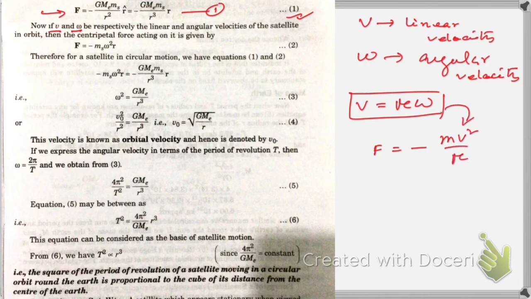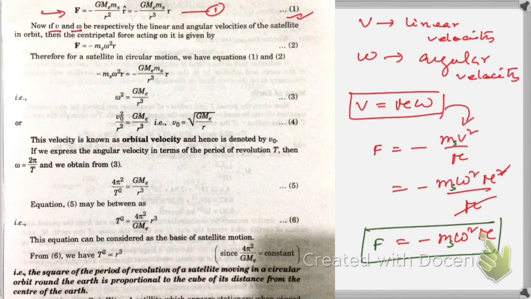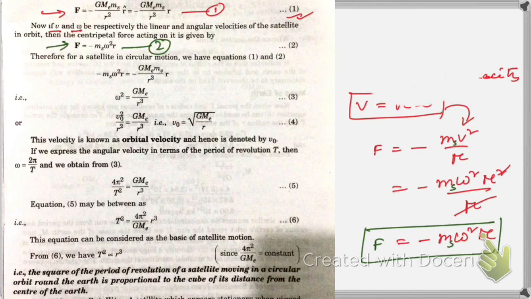Using this relation, you will get minus m omega square r square by r. If you cancel r square by r, you will get minus m omega square r. As we have considered the mass of the satellite to be m s, here we write m s. So this is what we have got. This is our equation number 2, right? Now let me clean this part.